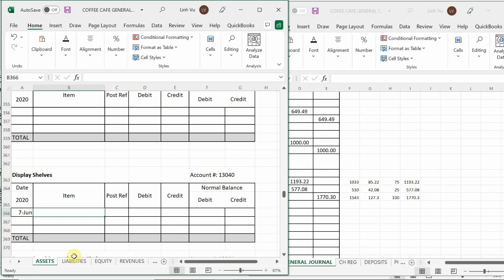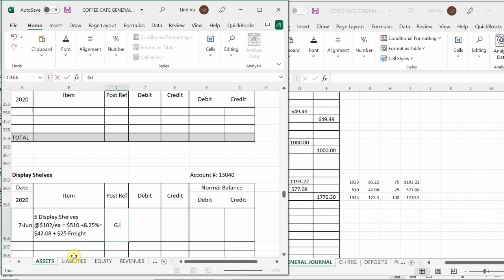Here, what you could say is you got 5 display shelves at $102 each, which gave you a total of $510 plus 8.25% tax, which equaled $42.08, plus $25 freight.